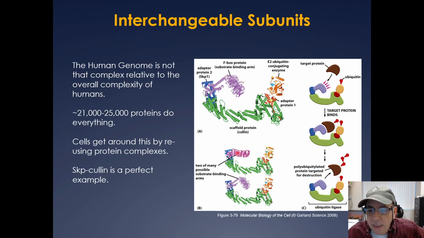And so there's many different F-box proteins and many different adapter proteins that can function in this to target different proteins for destruction depending on when they need to be destroyed by the cell, right? So there's one major mechanism to do this for all kinds of different proteins.